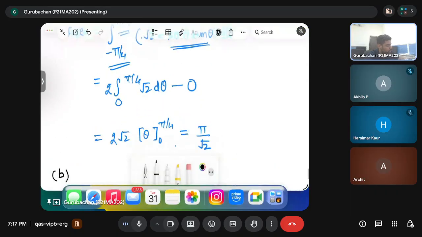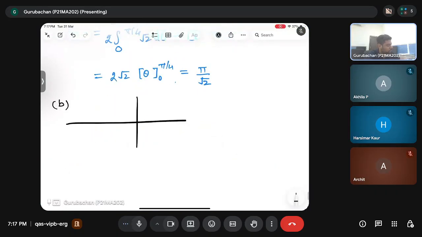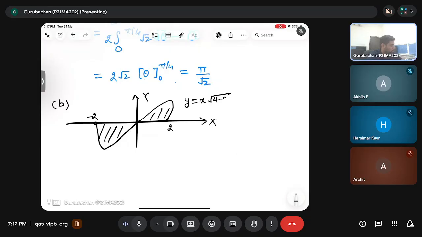Since I told you how to calculate the area between the curves, or you can say the shaded area, tell me what will be the scenario for this one? This is 2, this is minus 2, and this is the shaded region. So y is equal to x under root 4 minus x square. The general approach is to write the integral from minus 2 to 2 of mod of x under root 4 minus x square dx.